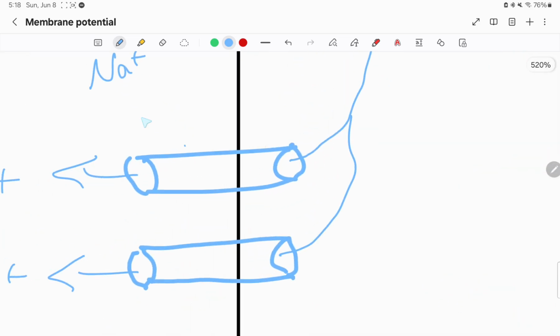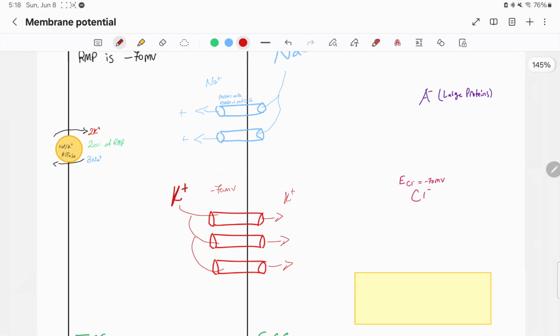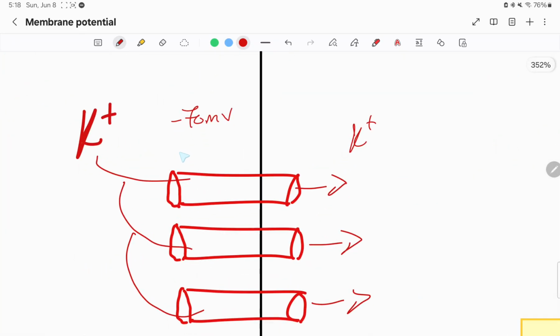So we know that sodium moves with its electrical and chemical gradient. What about potassium?